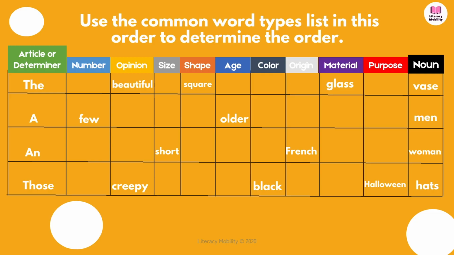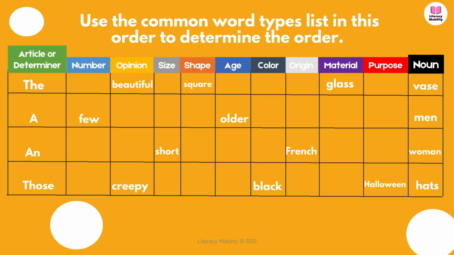First, you would list articles or determiners, words like the, a, and those. Next, you would use numbers or words that can be used as an amount, such as few. Next, you would list opinions, something like beautiful or creepy.